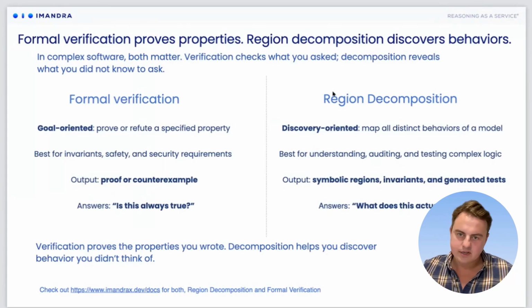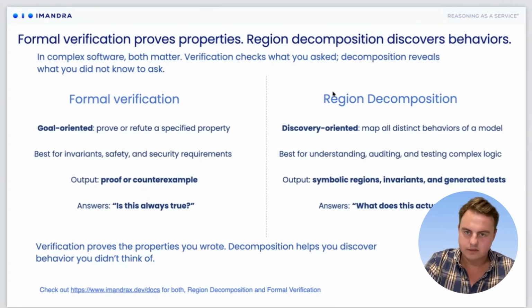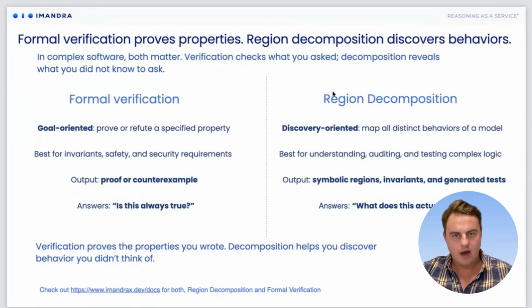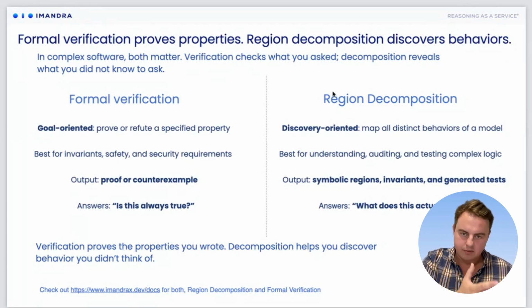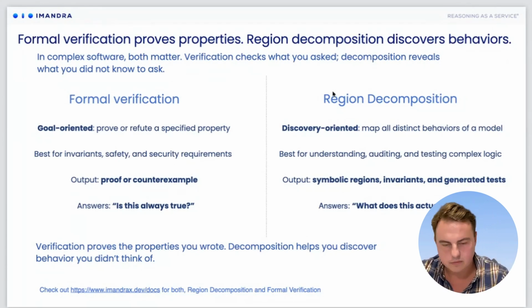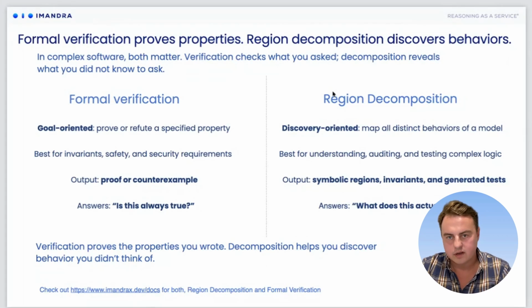Okay, so now, just to position this versus formal verification, which I think is quite important. Formal verification is goal oriented. You have a model and some theorem, and you wish to verify it, or you have a property and you want to ask this property of the model and say, does this property always hold true? So it is very goal oriented.